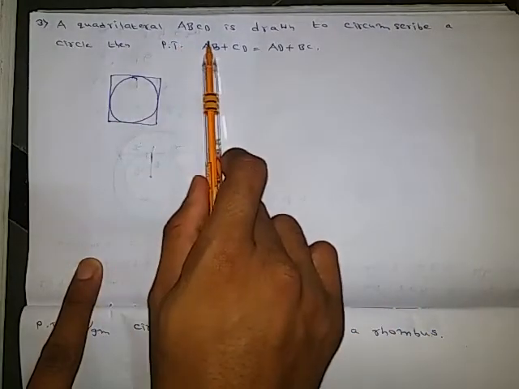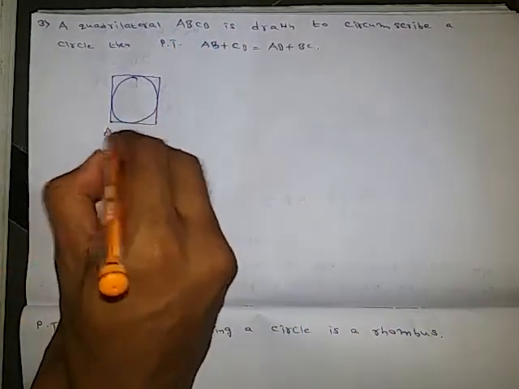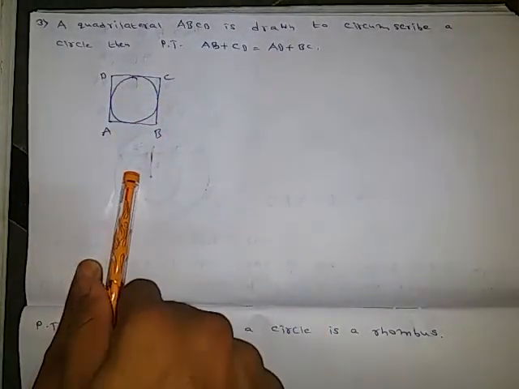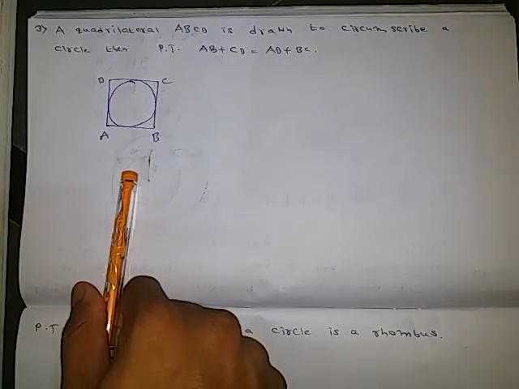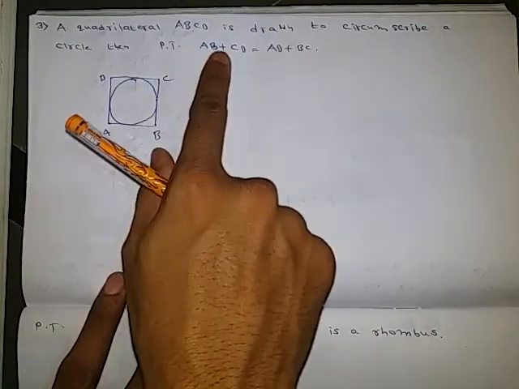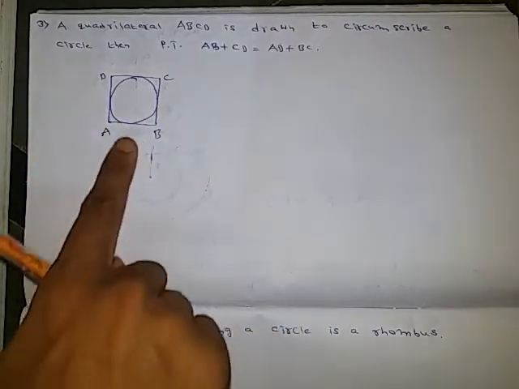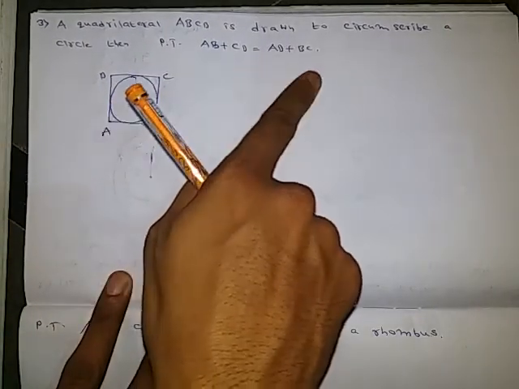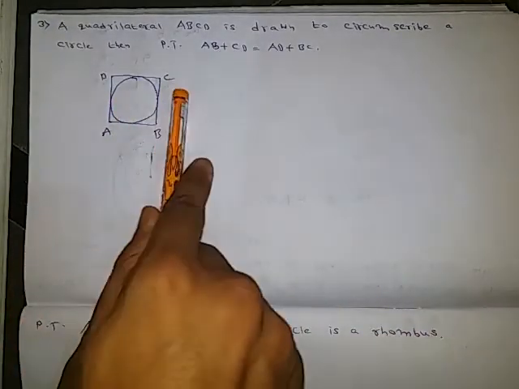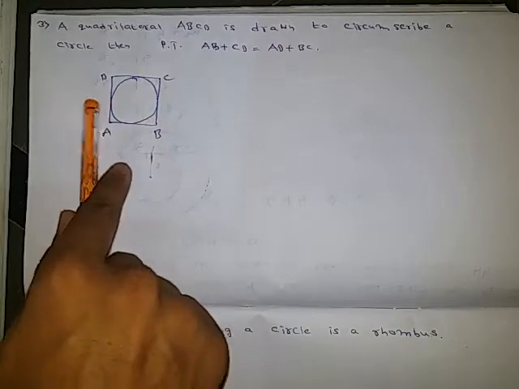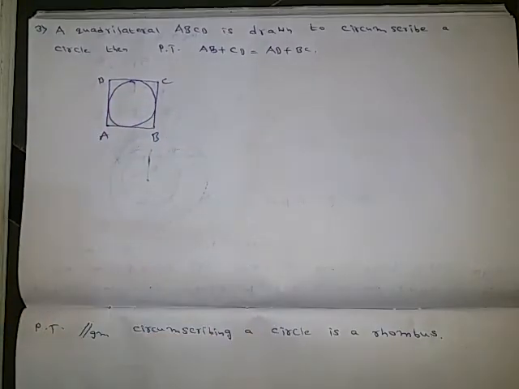A quadrilateral ABCD, so this name is also given. Quadrilateral ABCD is drawn to circumscribe a circle. Then prove that AB plus CD is equal to AD plus BC. It means the sum of the opposite sides is equal to the sum of these two opposite sides.